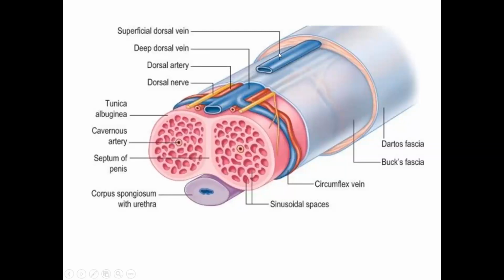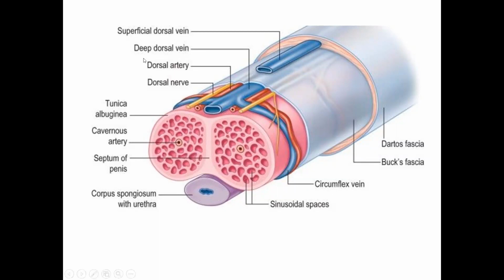So the superficial dorsal vein, which drains the skin and the prepuce of the penis, is free to expand and can allow the blood to go back to the superficial and deep external pudendal veins, which then join the saphenous vein to join the femoral vein.